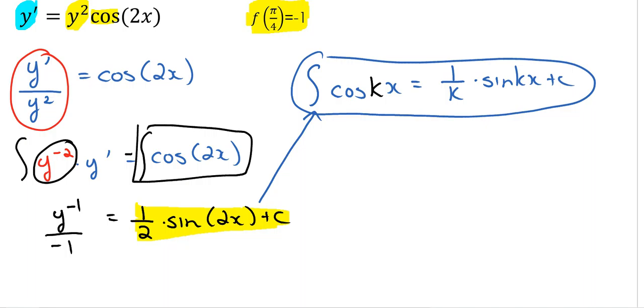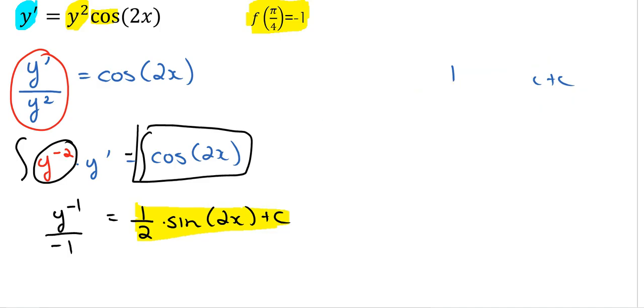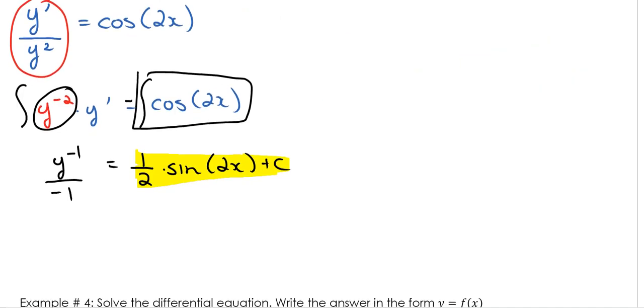Once I've found my antiderivative, you want to use your initial condition, which was f of pi over 4 equals -1. So these questions are starting to repeat themselves. We're just using different functions and different values. If I have a -1, that means anytime I see a y, I plug in -1.